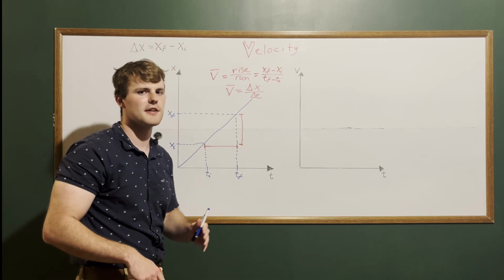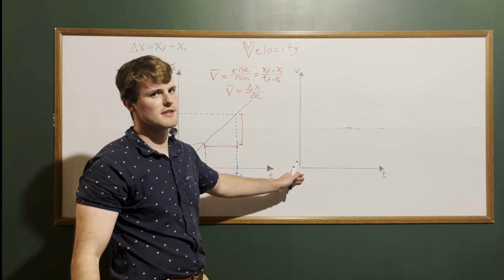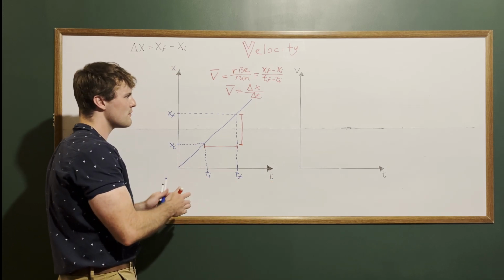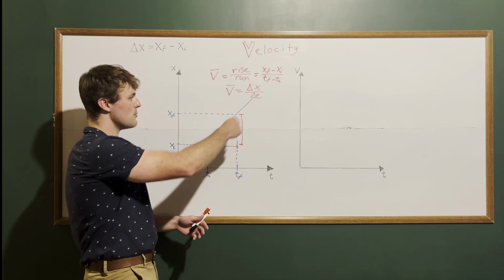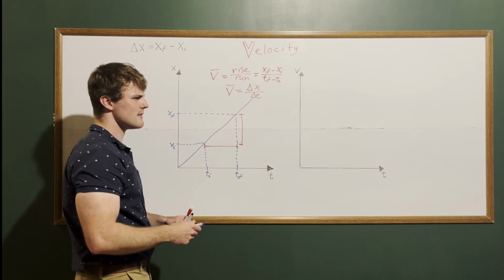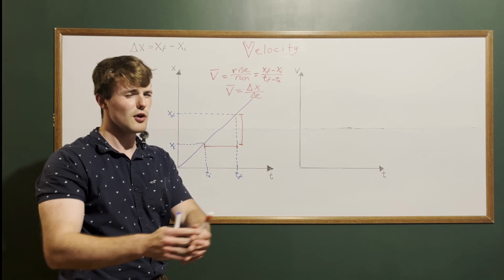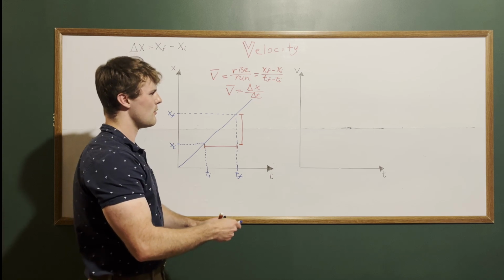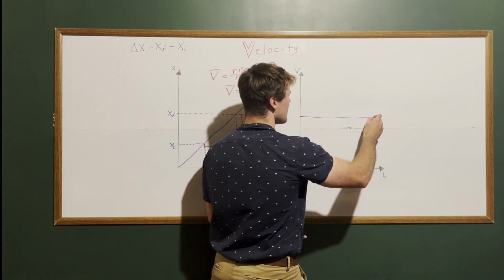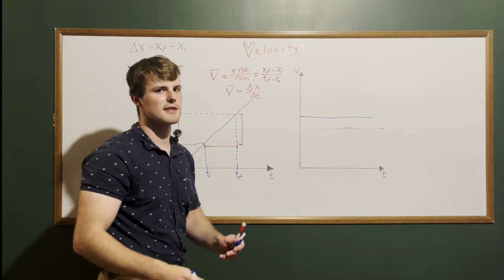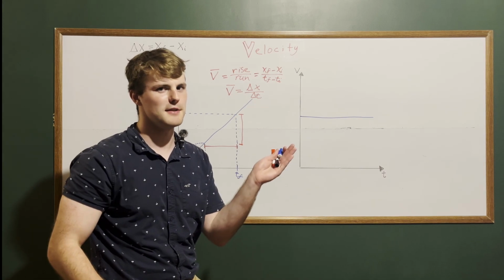So is there a way we can figure out what the velocity graph is from our displacement graph? Well, yes, there is. Since this is just a line and it has the same slope over the entire graph, and velocity is just the slope of displacement, that means velocity would be constant during our car ride. And that makes sense because I said in the beginning, our speedometer needle isn't changing.